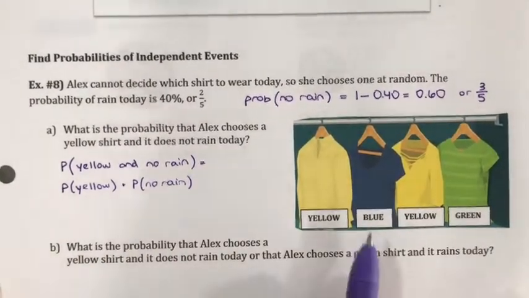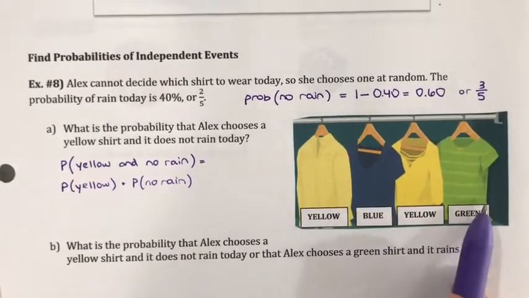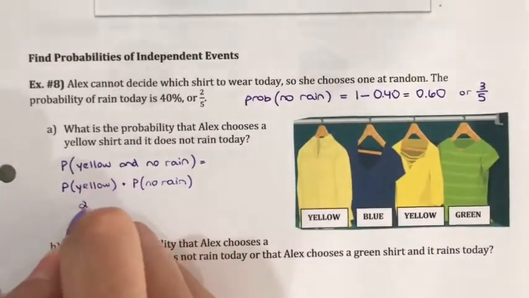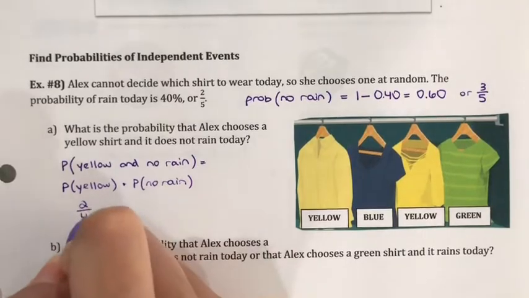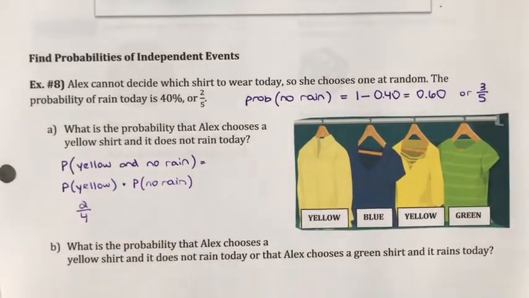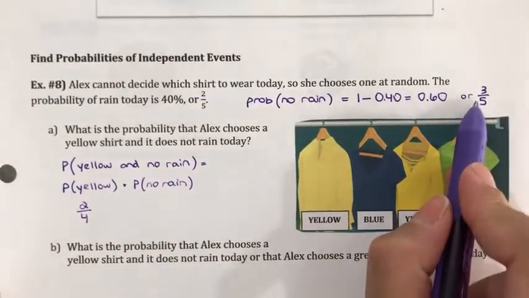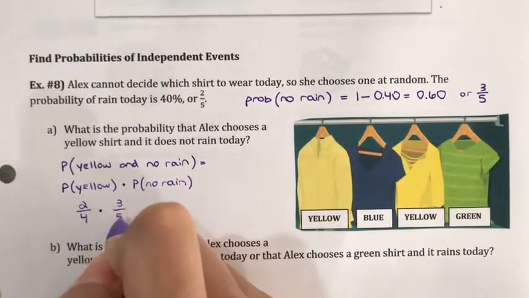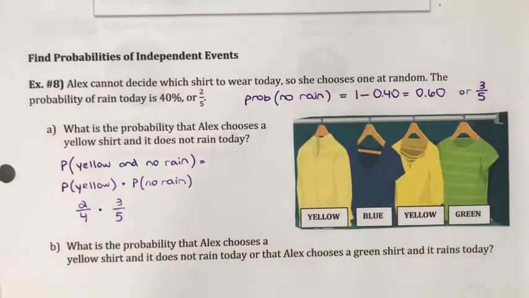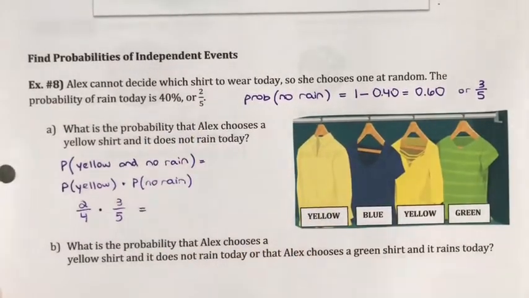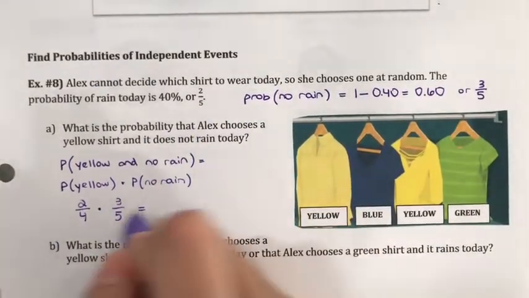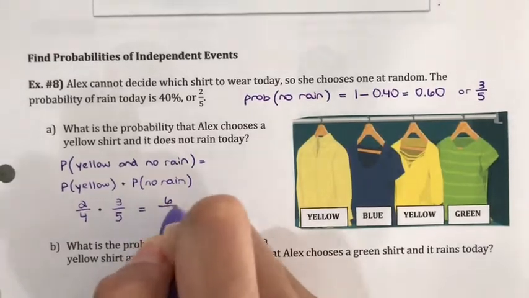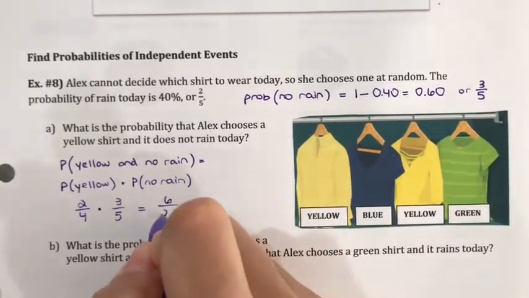Now the probability of yellow: there are 2 yellow shirts out of 4 total, so that's 2/4. The probability of no rain was 3/5. Multiplying these gives me 6/20.